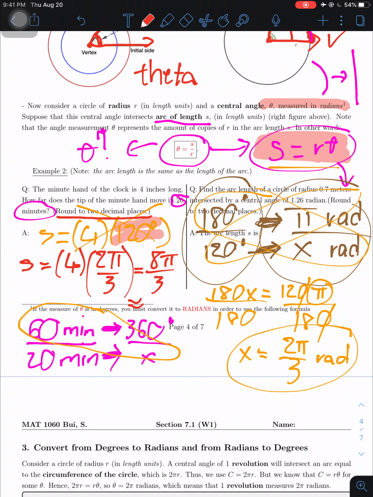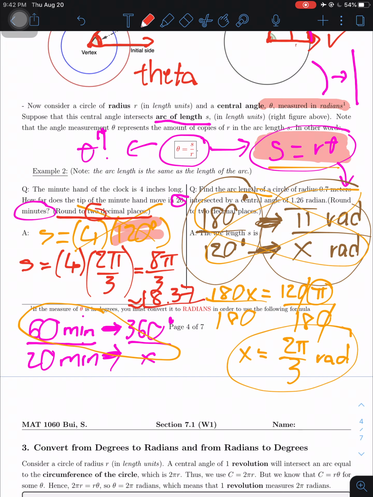So let me get the calculator really quick and let's see what we have for the decimal version. So we will do 8 times 3.14 divided by 3, and that gives us 8.37, because we have to round it to 2 decimal places.